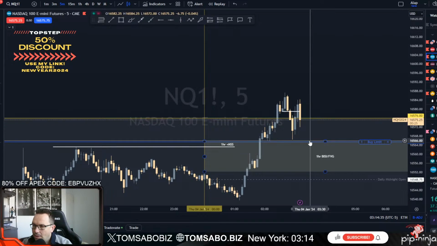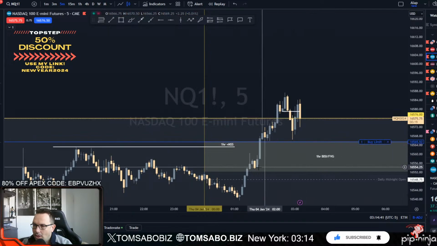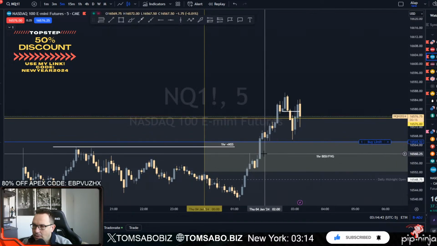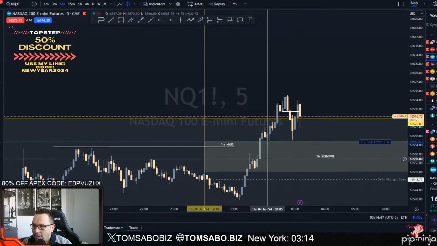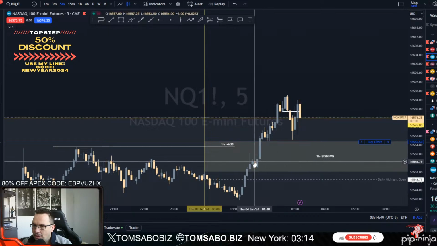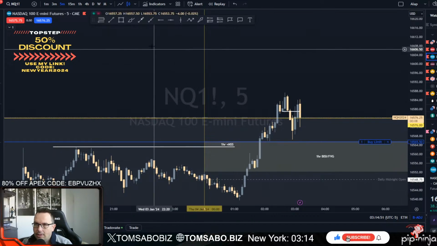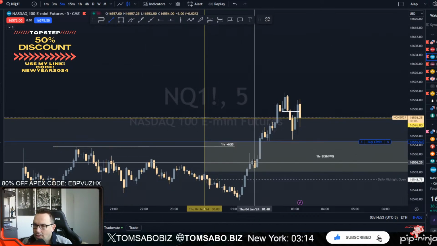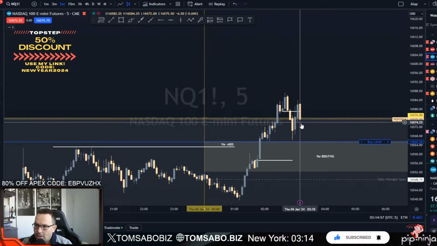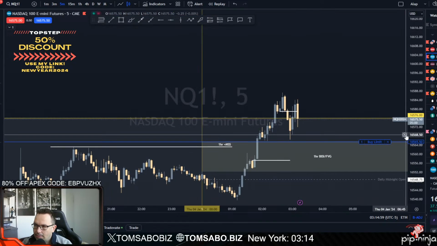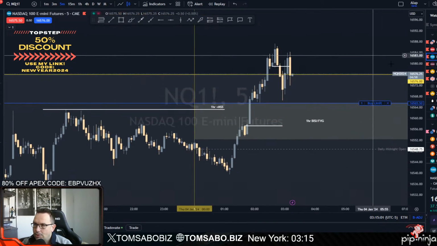If I were you, I would take some off at 66 ish, and then maybe wait until we get down into 60 or 55 area. There is a small bullish order block on the 5 minute here. So that can also be a potential target if you are short.